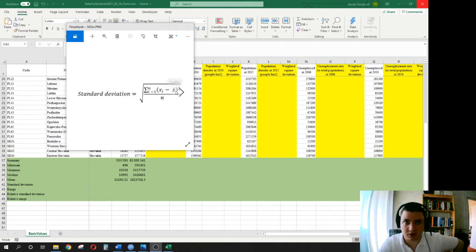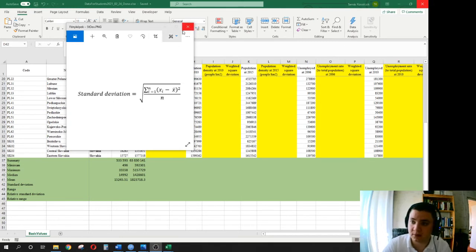So in the numerator we just sum the differences: for all of the absolute values, make the difference from the average, square it, and make a sum, and divide it by the number of cases, and take the root of it.